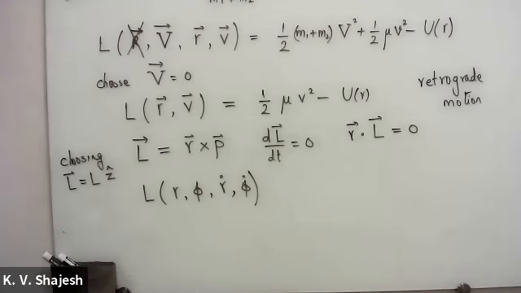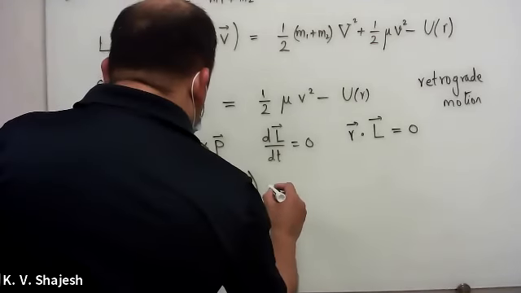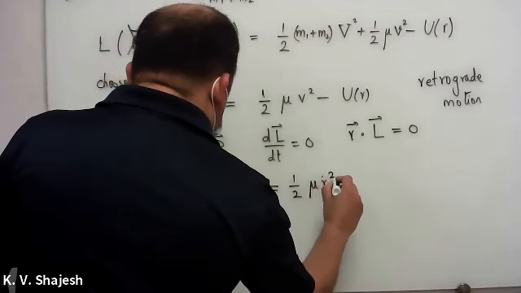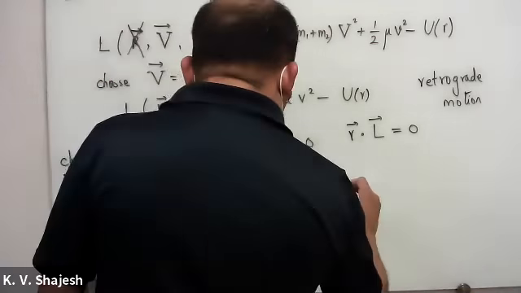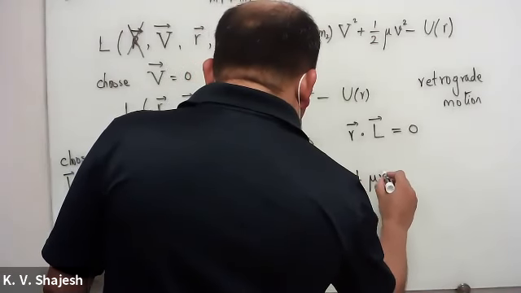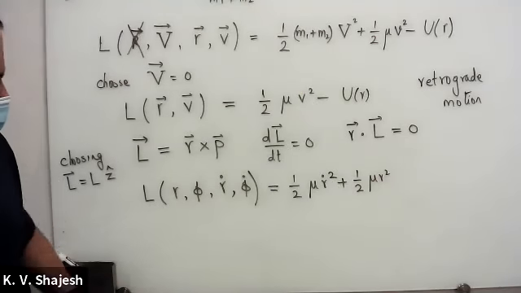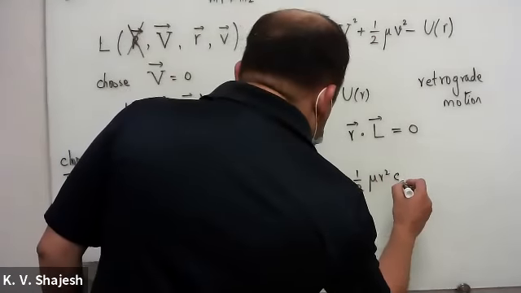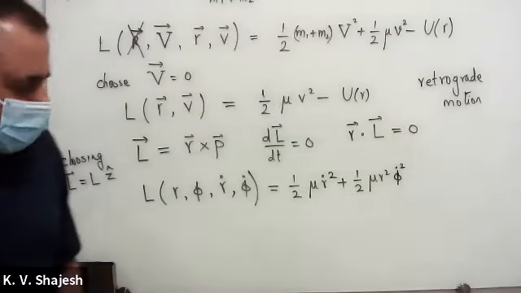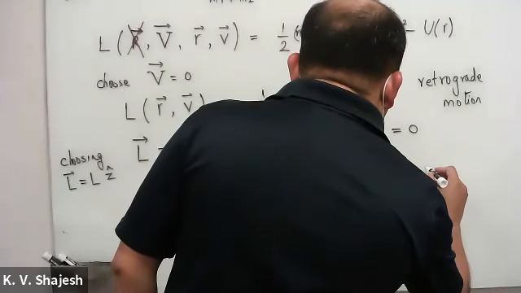Okay, so we have these coordinates, and we said that the energy is equal to half mu r dot squared plus the kinetic energy associated with the change in angle, right? And then there is a potential energy, which is minus U of r.